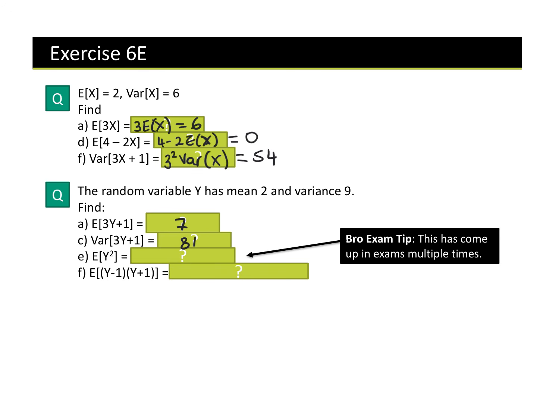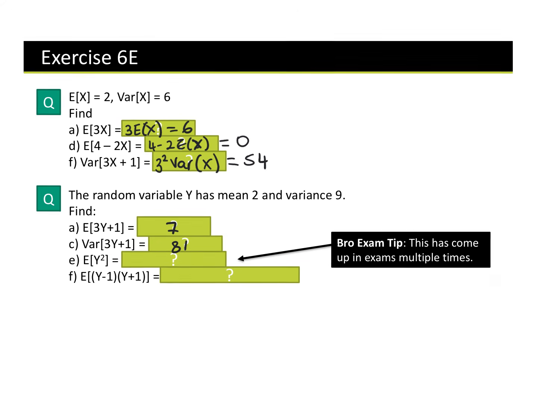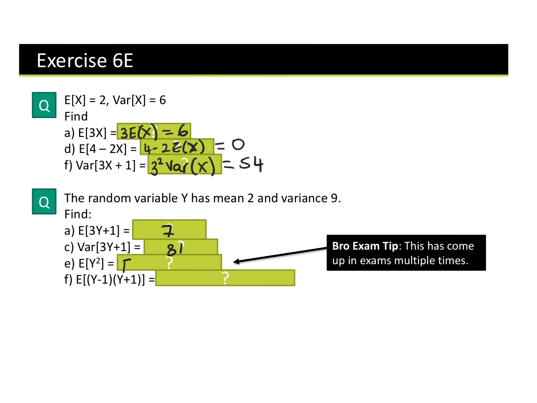So with the third one down, E of y squared. Now, we know this is the same as the expected value of y all squared plus the variance of y, okay?